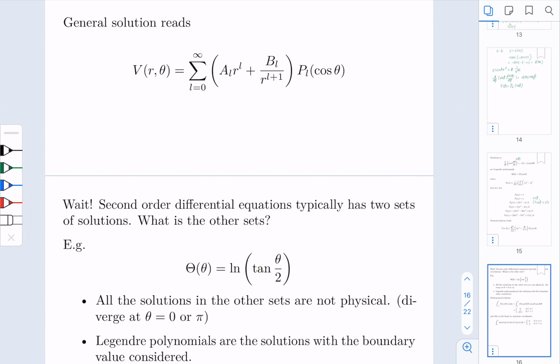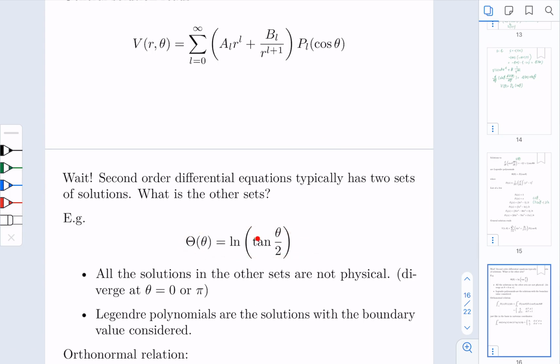So this solution is eliminated because it is not physical to us. We only need to consider this PL of cosine theta. This helps us determine the coefficient in the theta direction, and we don't need to worry about it anymore. What we need to worry about is the value on the radial equation.